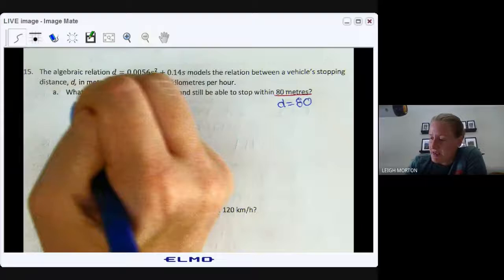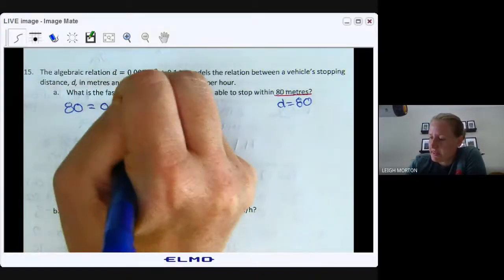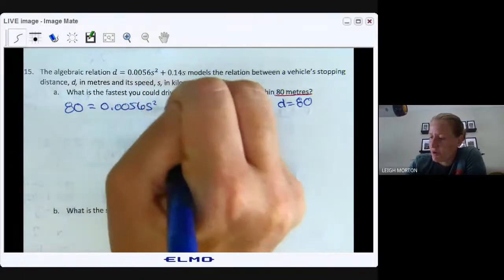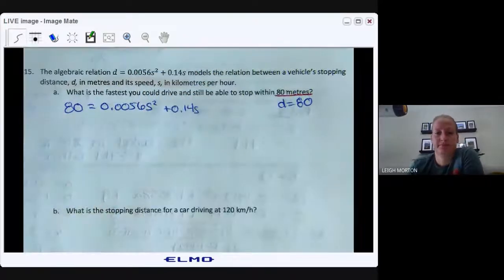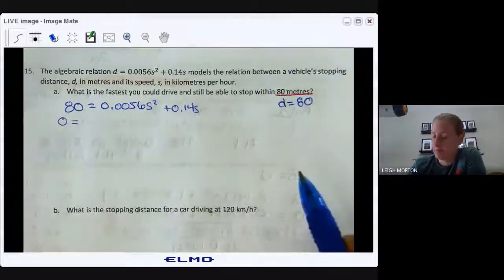That means I'm going to sub in here 80 equals 0.0056 s squared plus 0.14 s. Remember that to solve our quadratic relation, it has to be equal to 0.